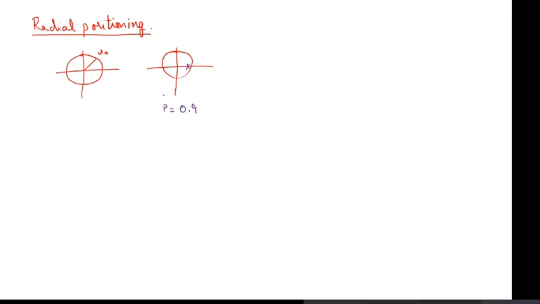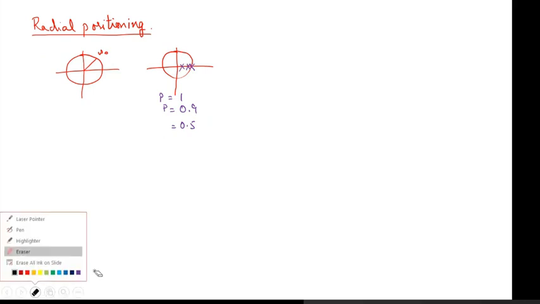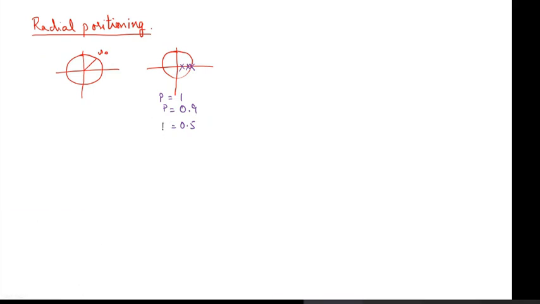Maybe one pole at P equals 1. Maybe one pole at 0.5. So what will be the effect? Anyone? That will affect the amplitude value. Amplitude, okay. First of all, I was just looking into your understanding.